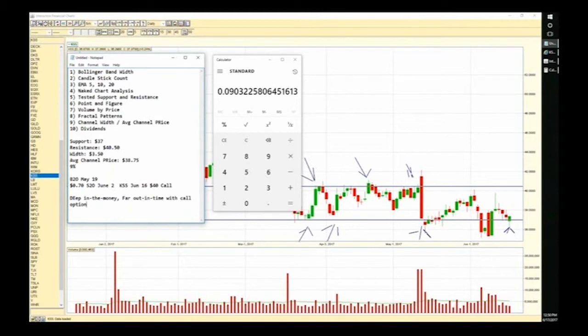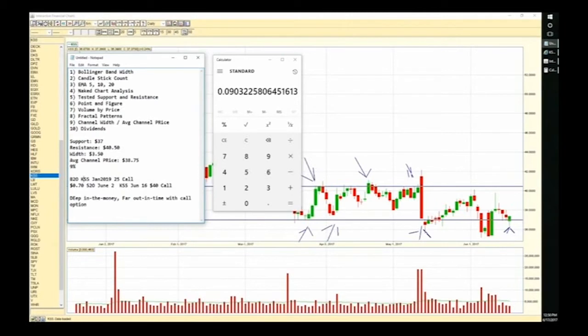So in other words, instead of buying to open shares of Kohl's on May 19, we bought to open January 2019 $25 calls. So these options are not going to expire until January of 2019.